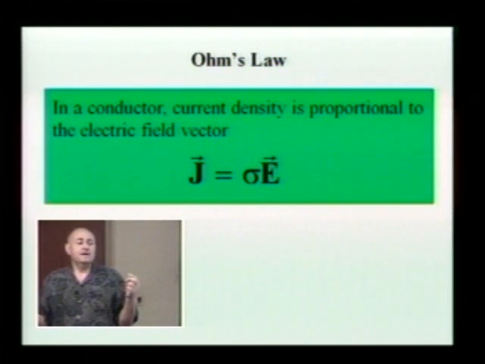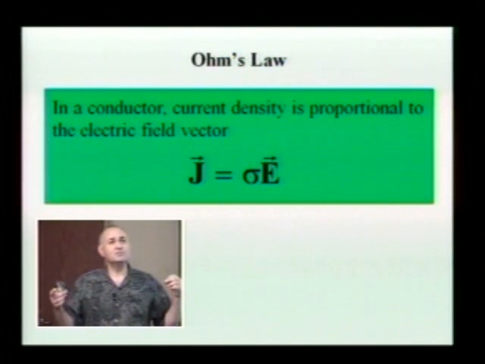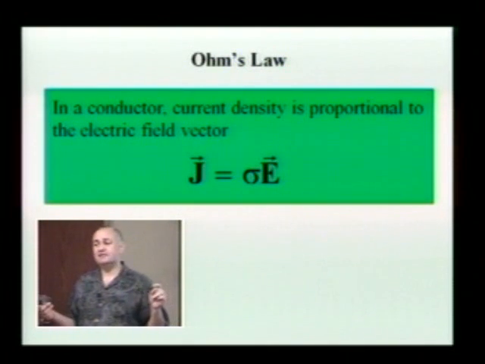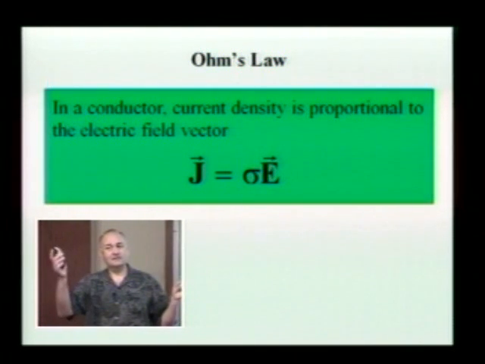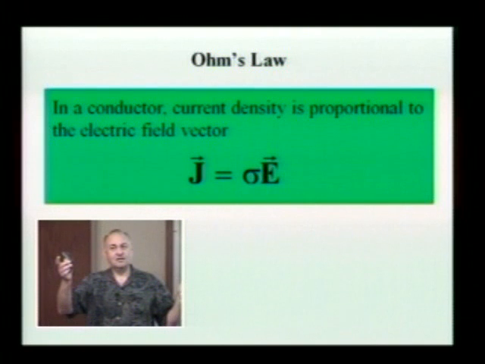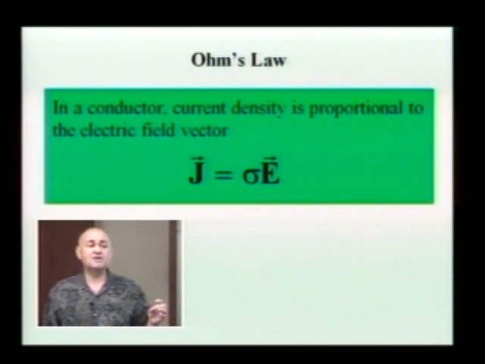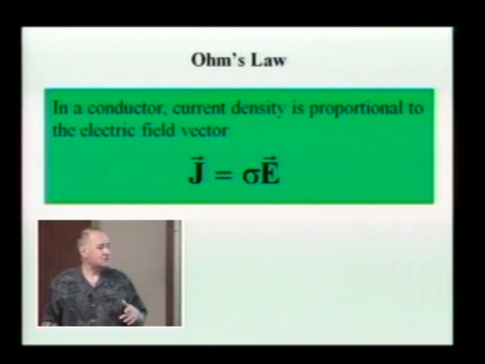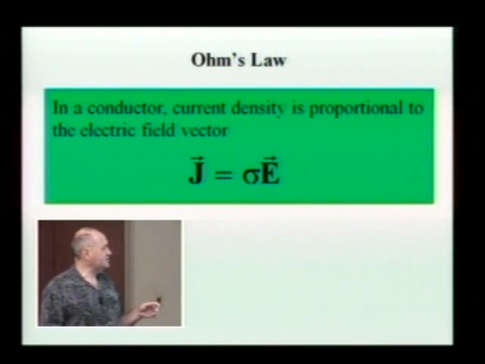Those of you who took Physics 1 with me may recall that we had a tensor relationship between what and what? Stress and strain, correct. Relationship between stress and strain also didn't have to be proportional, so we had a tensor relationship.